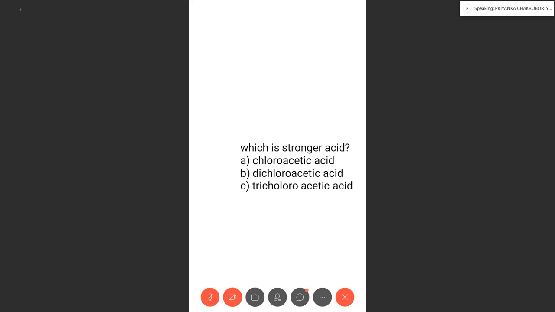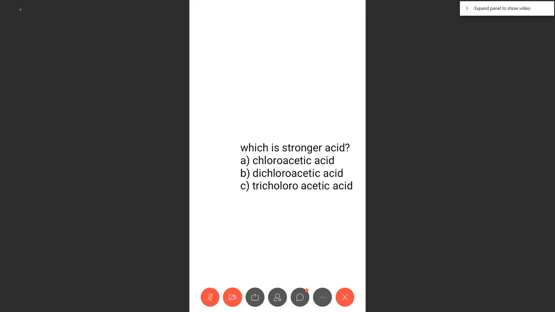So when we attach 2 chlorine atoms, dichloroacetic acid, the acidity will be enhanced. Similarly, in case of trichloroacetic acid, the acidity will be more. So for this type of question, which one is stronger, chloroacetic acid, dichloroacetic acid, or trichloroacetic acid, the answer will be trichloroacetic acid.